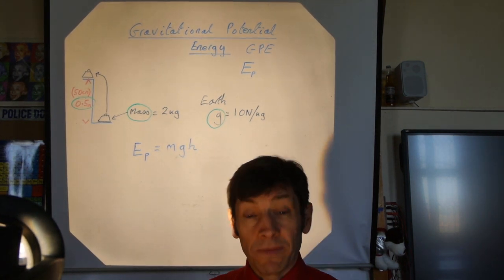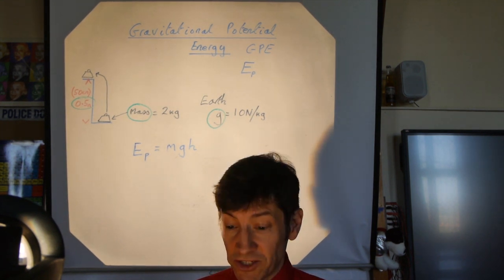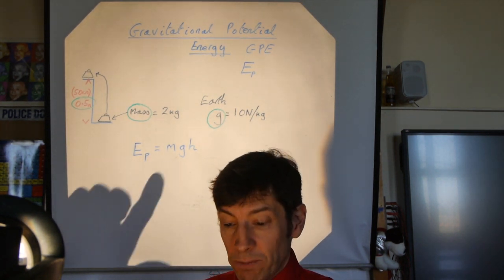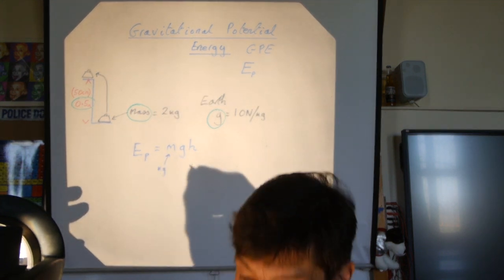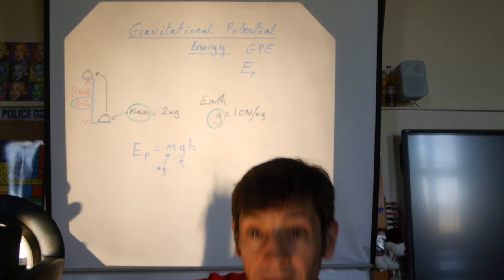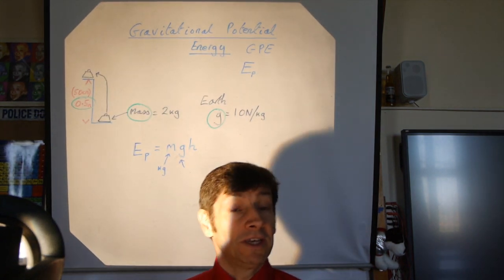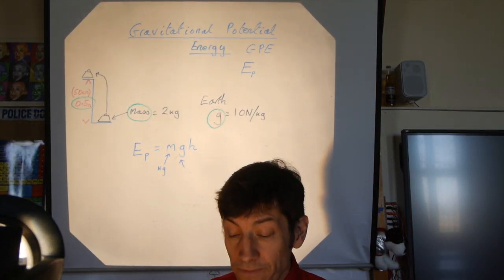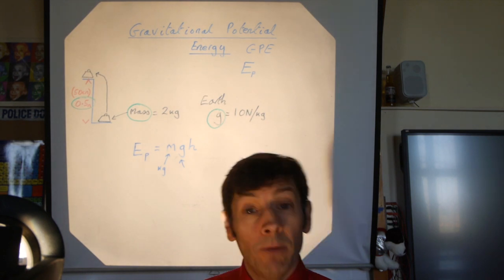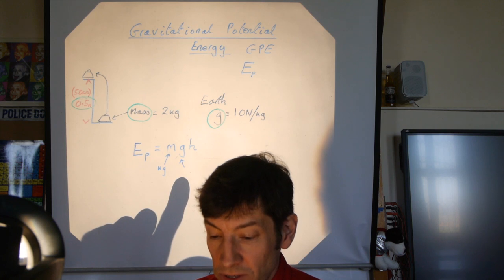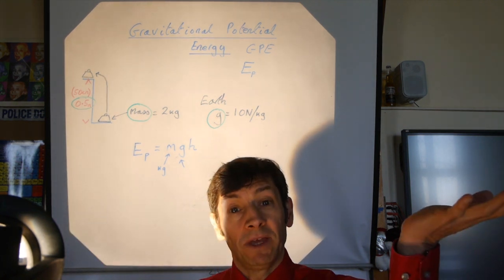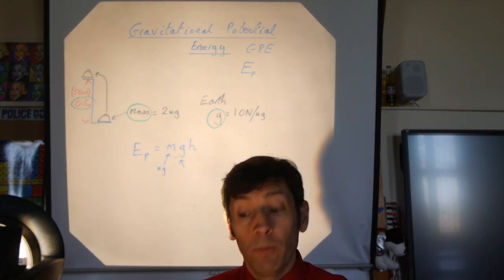If you want to know how much gravitational potential energy an object has gained, multiply its mass in kilograms by the gravitational field strength that you're operating in. On the moon it would be a lower number. By the way, in outer space, away from galaxies and black holes, that would be 0, so you wouldn't need any energy to lift something up, and if you let go, it wouldn't fall back down again.